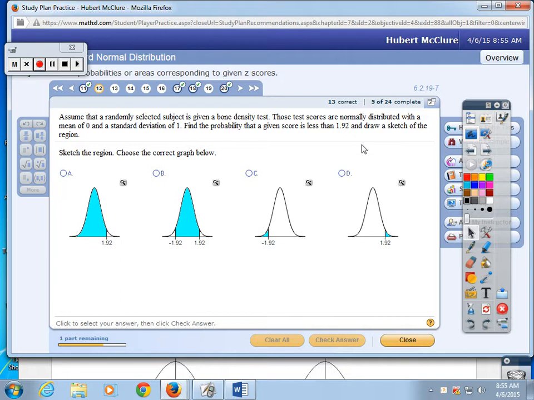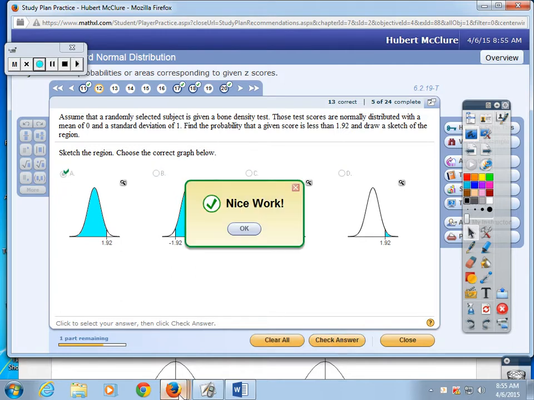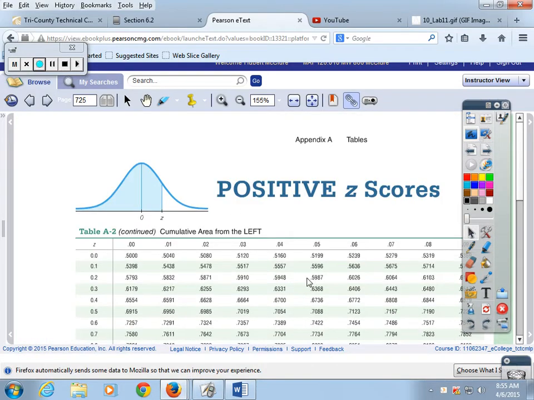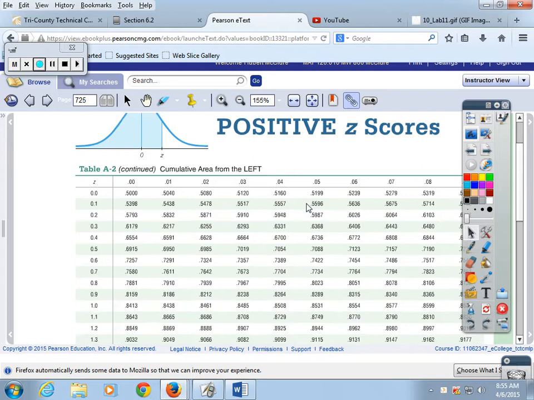So which one is less than 1.92? A. Go to your handy dandy positive z-scores and look up 1.92.